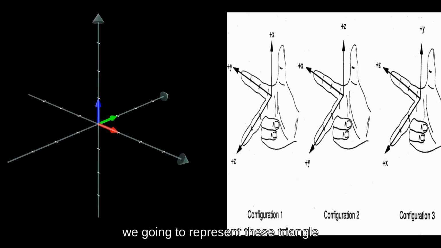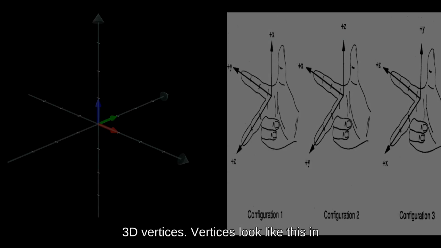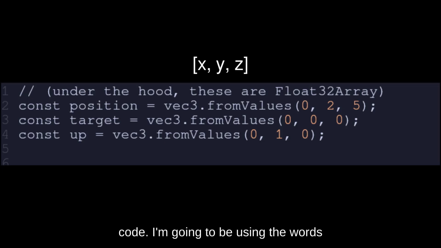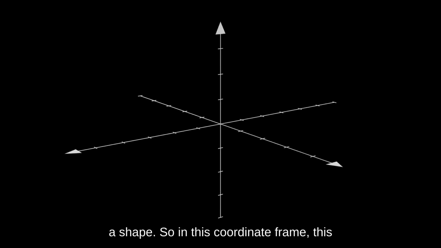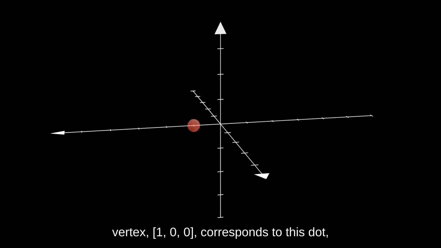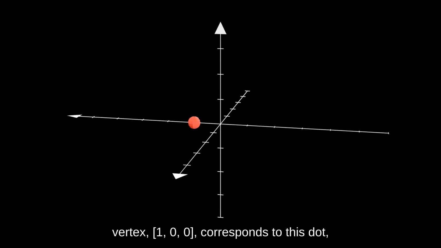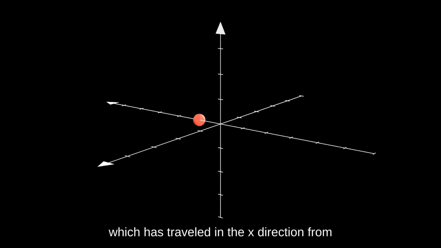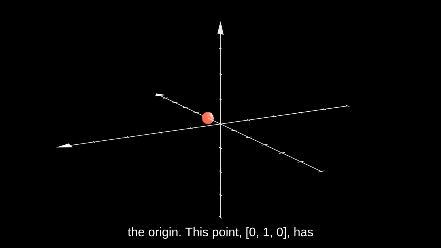Now, how are we going to represent these triangle points? We're going to represent them as 3D vertices. Vertices look like this in code. I'm going to be using the words points and vertices interchangeably, but vertices represent the points that make up a shape. So in this coordinate frame, this vertex, 1, 0, 0, corresponds to this dot, which has traveled in the x direction from the origin.